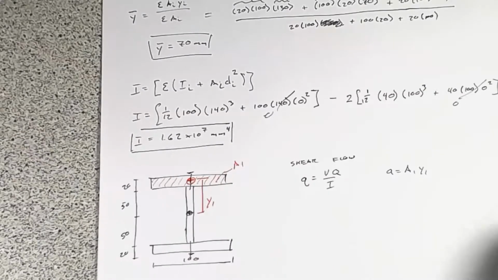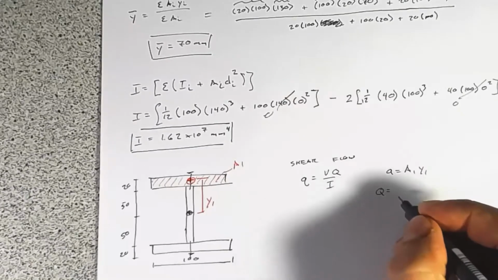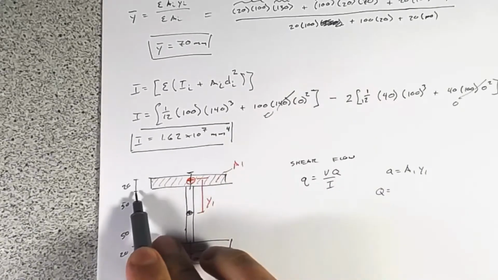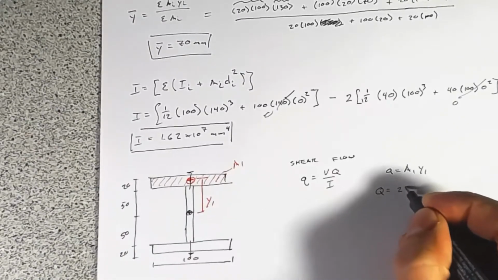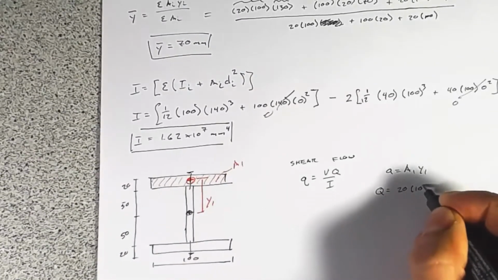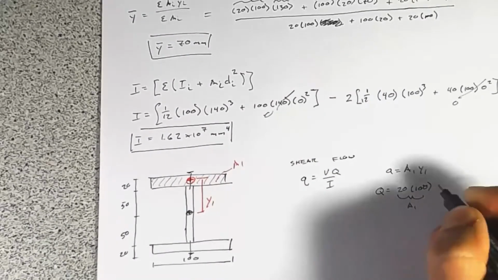So working out Q equals, so A1 is just 20 millimeters times 100 millimeters. That's A1.